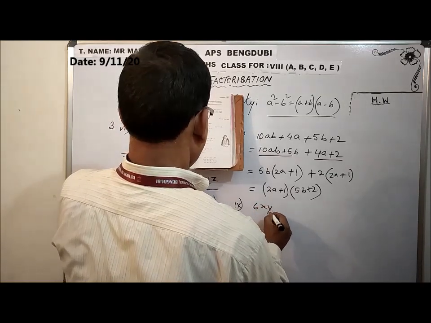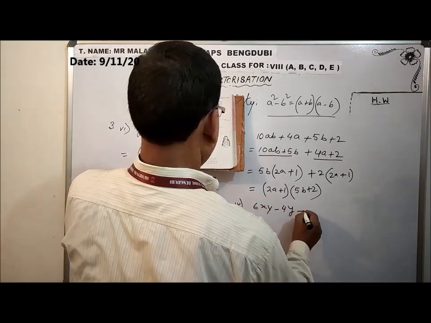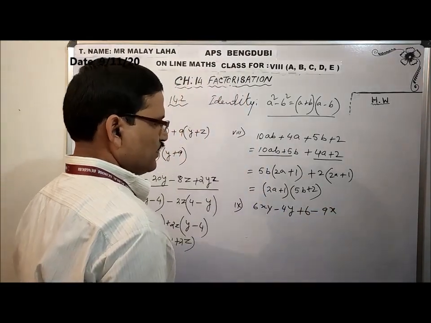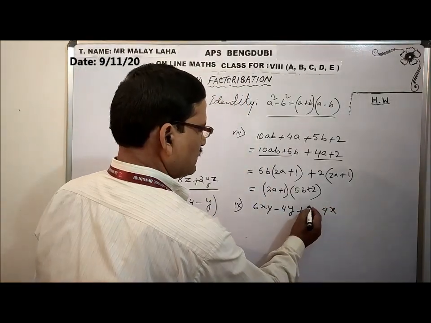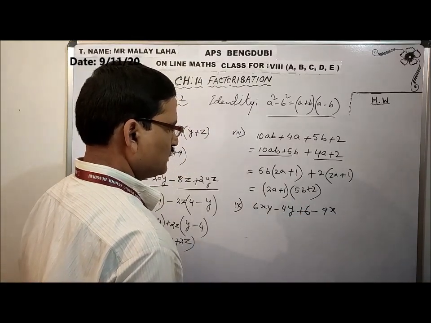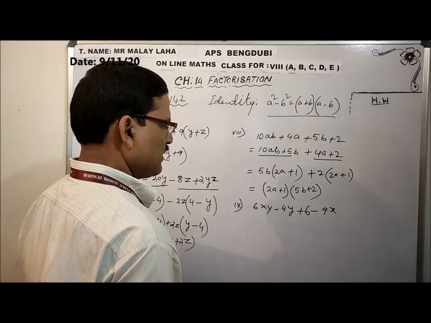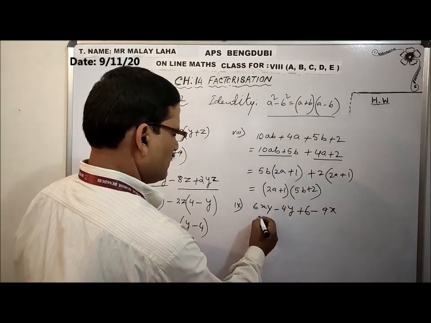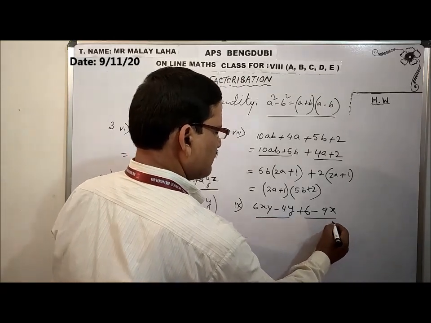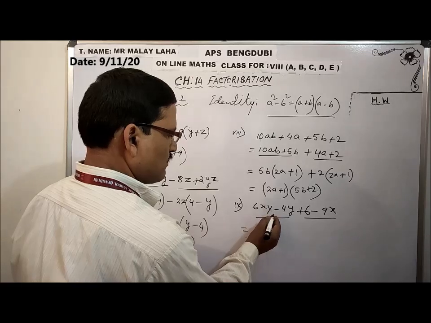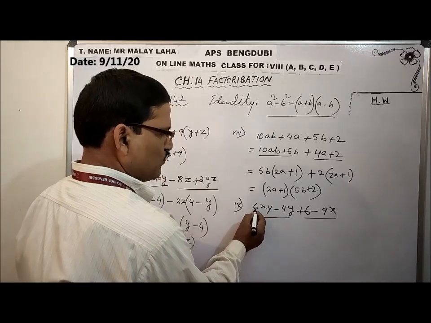9. 6xy minus 4y plus 6 minus 9x. What will I do? Shall I change the number sequence? I can do that, or I can easily take something common from both. What is the maximum factor we can take common from here? 6 can be written 2 into 3.